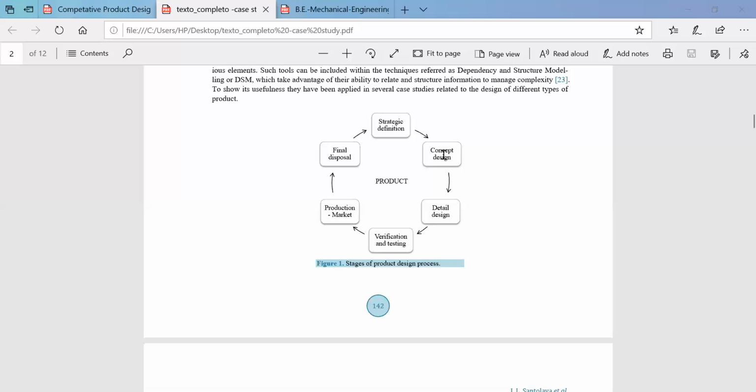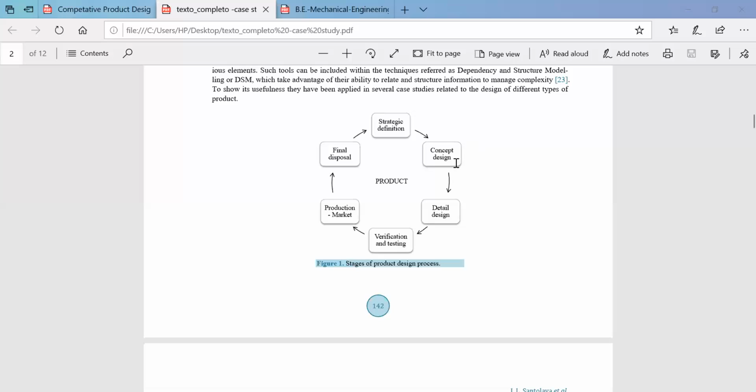Based on all these surveys, the design engineer will have all the survey information about the products in existence. Based on that, he should check which concept design made by his team is more competitive, and the concept design will be selected accordingly.